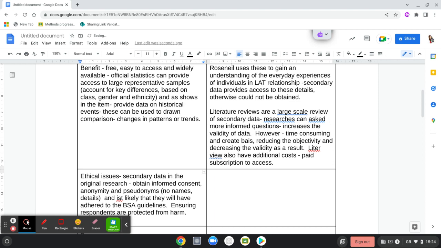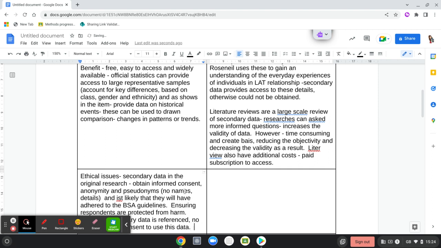And provided secondary data is referenced, there is no need to obtain consent to use this data.